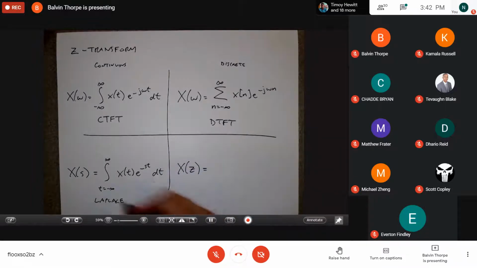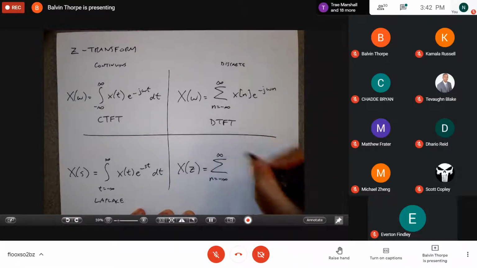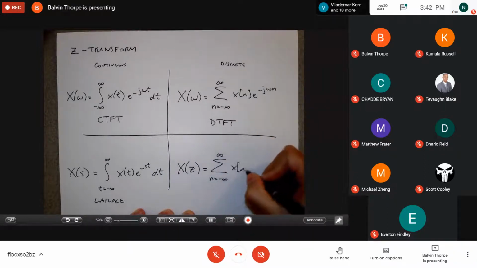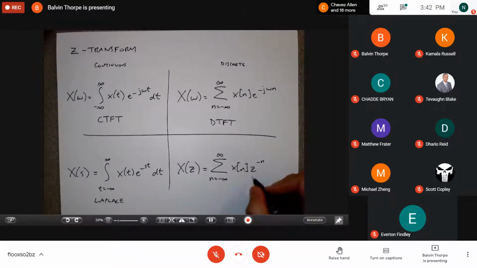Again, the idea is the same: I turn this infinite integral into an infinite sum, and I replace the e to the j omega n with z to the minus n. This is a more generic idea, where before omega was only a real valued frequency variable; now z is some complex number.